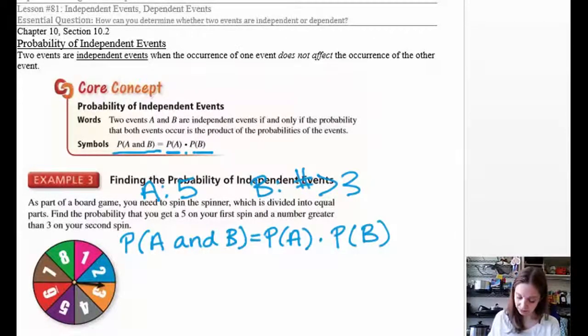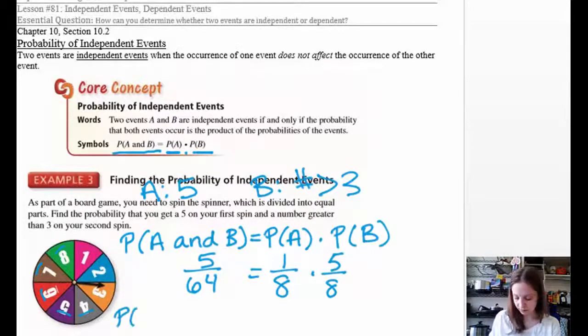So the probability of A, the probability of landing on a 5: there is one space that is a 5 out of 8 total spaces. You have a 1 in 8 chance of spinning a 5, times the probability of a number greater than 3. There are 1, 2, 3, 4, 5 numbers greater than 3. When you multiply those, you get 5 over 64.